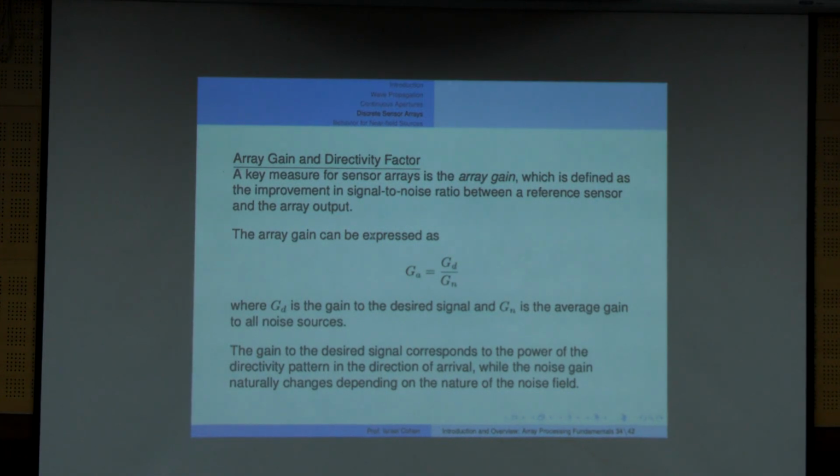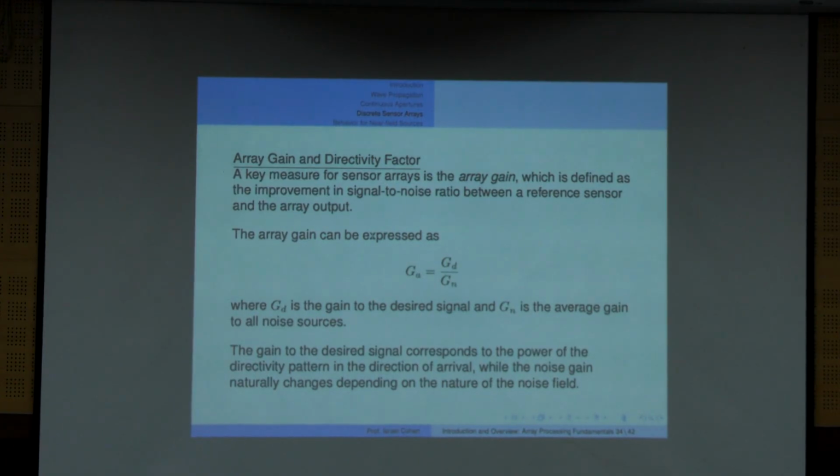Of course, it depends on many things: the number of sensors, the configuration, and where the desired source comes from, because if the source comes from another direction, it will change the array gain.